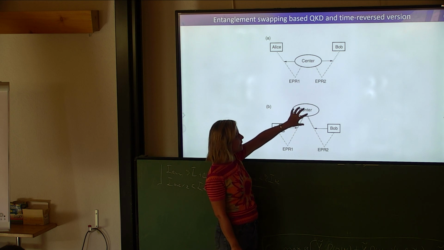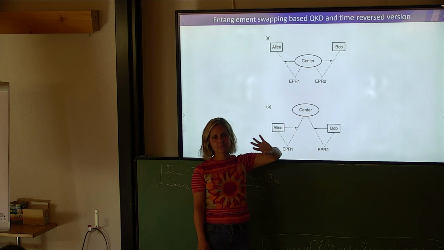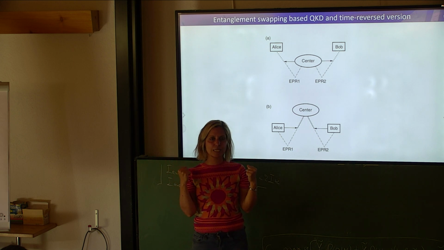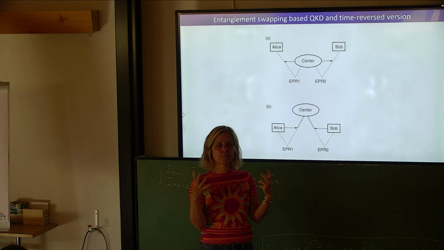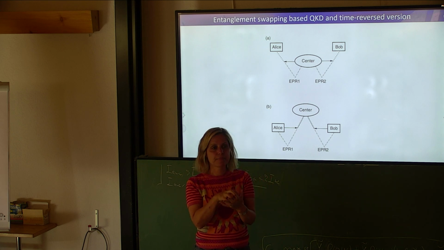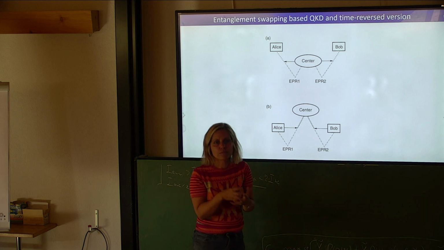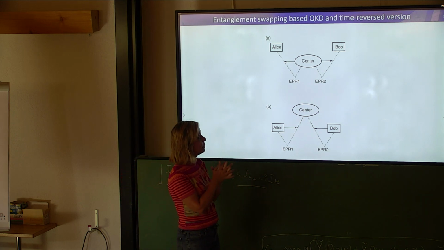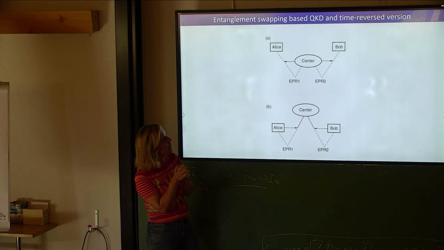So Charlie here in the middle needs to perform the Bell state measurement. He needs to give outcomes to Alice and Bob, and Alice and Bob, out of these outcomes, need to extract the secret key. The whole point of MDI QKD is that if he doesn't do it properly, they will know, because it's a kind of reversal of entanglement swapping-based QKD.